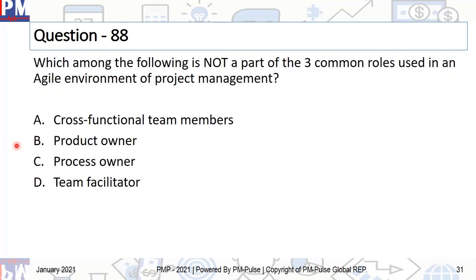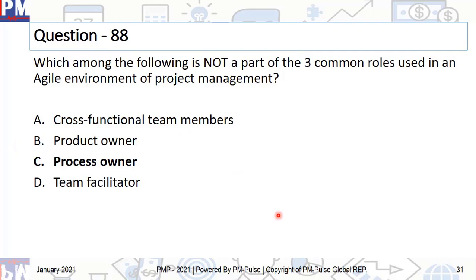All right, let's move on to question number 88. And the correct answer is process owner. See, there are separate roles provided in Agile.